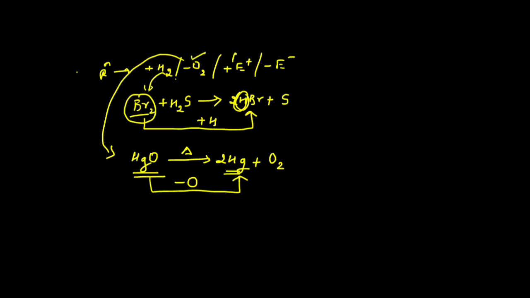Next, electropositive elements. So if electropositive elements are added to the atom, then such reactions are also known as reduction reactions. Okay, so take a simple example. CuCl2 plus copper giving Cu2Cl2.